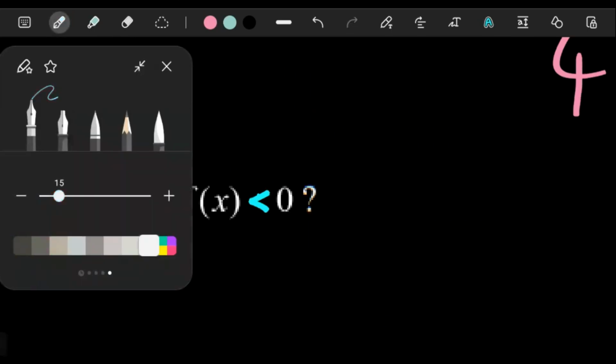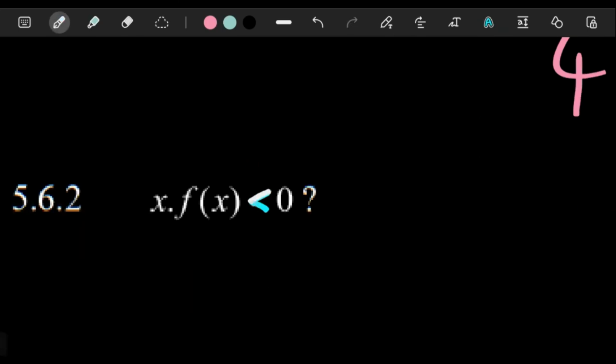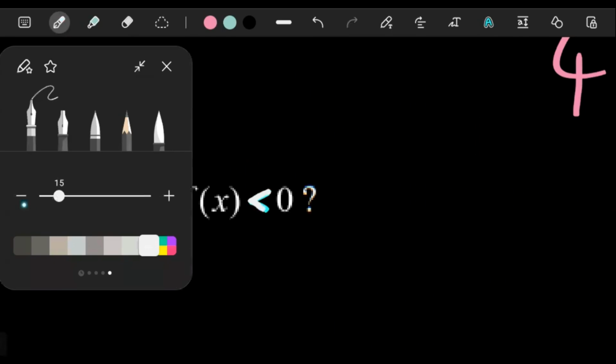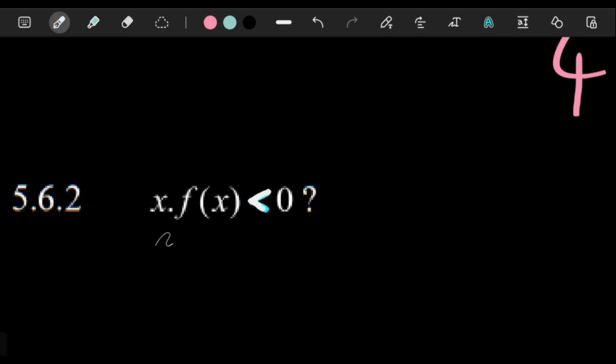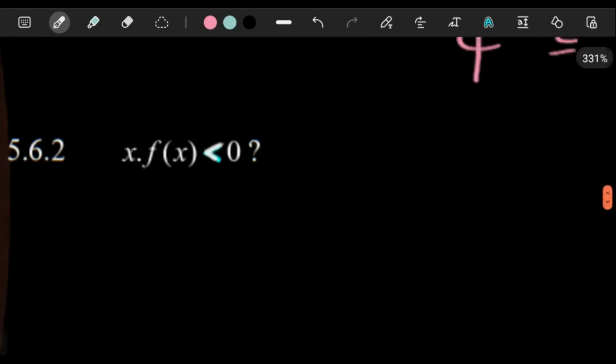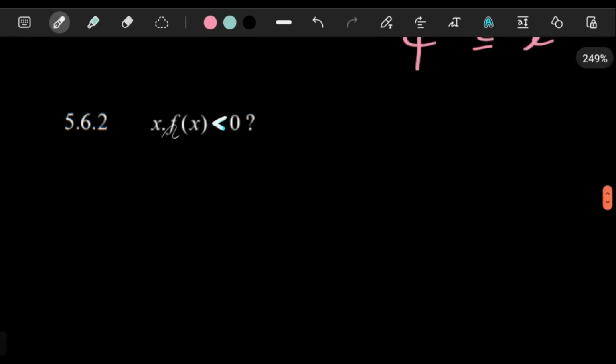With a question like this one, you need to be careful. Because a question like this is basically asking, two things are being multiplied together. What values will make this left side a negative? One way to always work questions like this is to think, there's one thing over here, and then there is another thing over here.